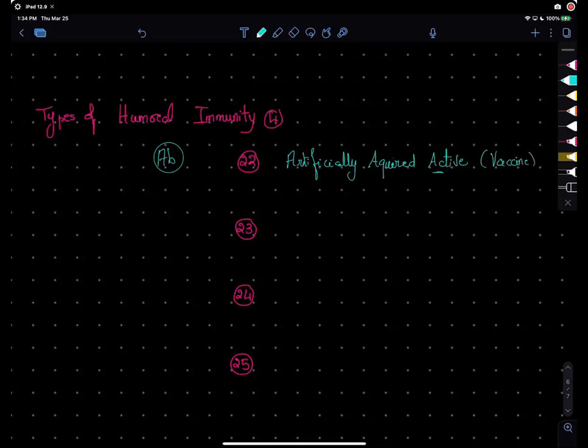It might be artificially acquired, but it's passive. What are we urging anybody who has recovered from COVID-19 to do after he recovers?